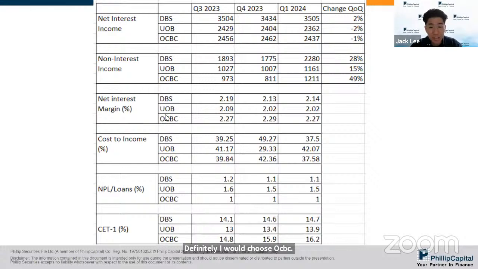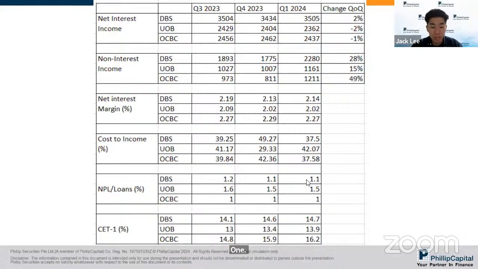For net interest income, it maintained around 2%, so I think all three banks are still okay. But OCBC is actually growing a lot, 2.27, so it's quite good also. Cost to income is 37 for DBS and OCBC. And for non-performing loans, as always OCBC at 1% is very good.